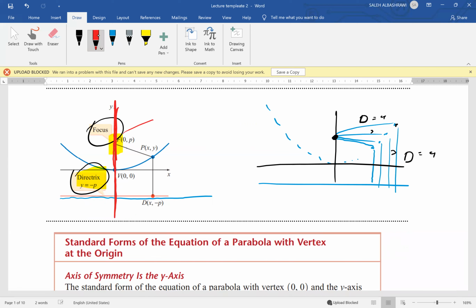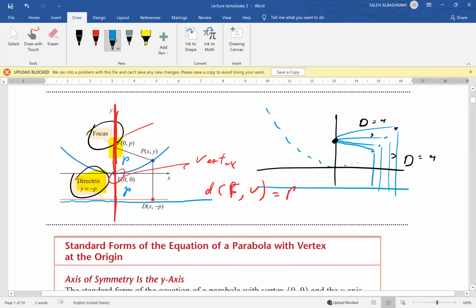This is the focus. The midpoint between the focus and the directrix is the vertex. And the distance between the focus and the vertex is called b. So this is b.